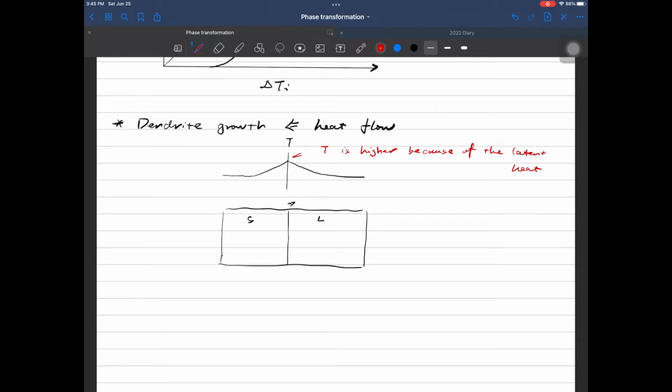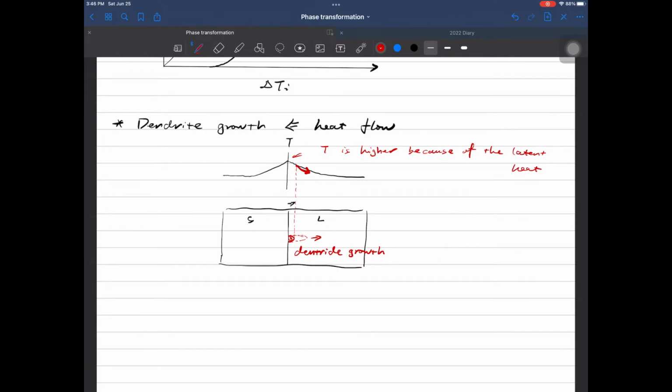Before the heat can diffuse away, if at the liquid-solid interface we have a little bump forming, the bump ventures into a region that has a lower temperature compared to the rest of the interface. To the right, it's at an even lower temperature, and this drives the little bump to grow into a dendrite. And this explains dendrite formation in solidification and why the dendrite microstructure is predominant in cast metals.